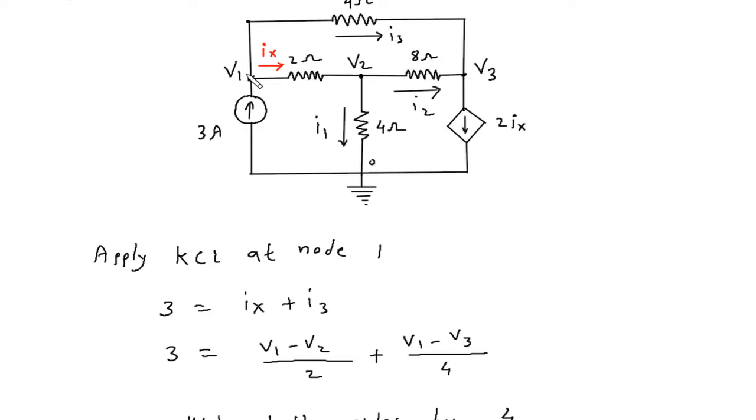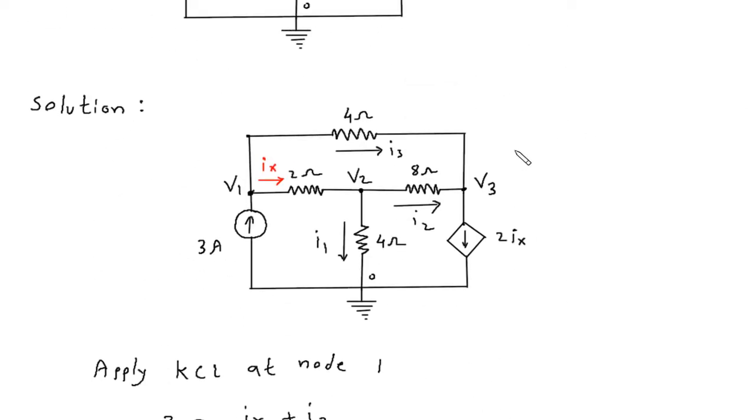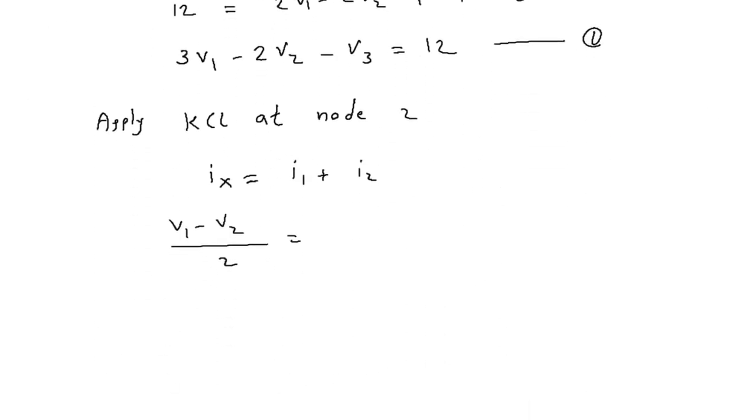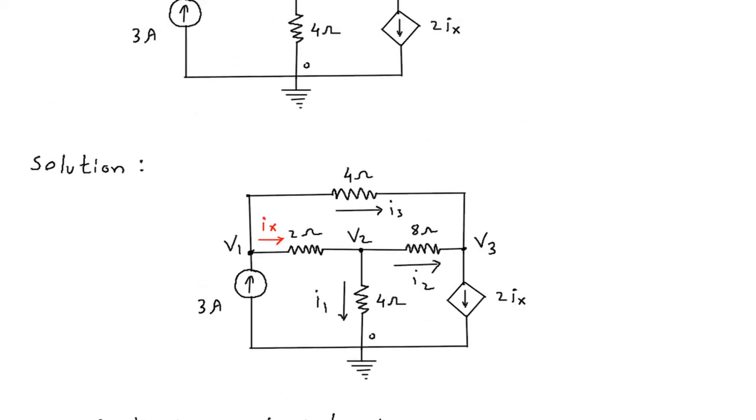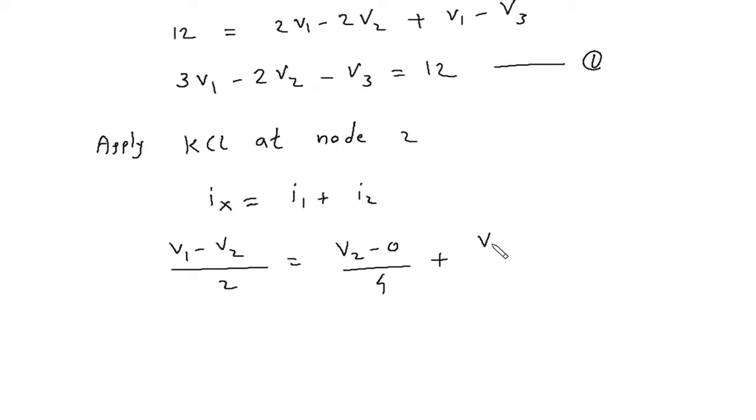Ix is (V1 minus V2) by 2, which is equal to I1, which is (V2 minus 0) by 4, plus I2, and I2 is (V2 minus V3) by 8.